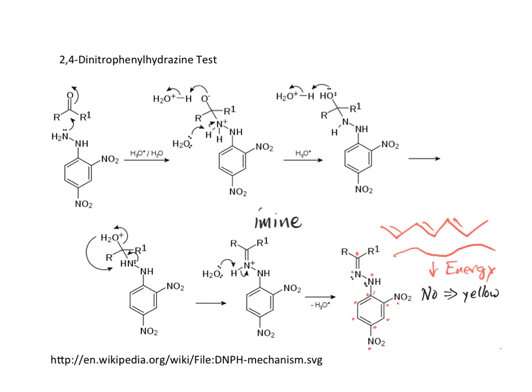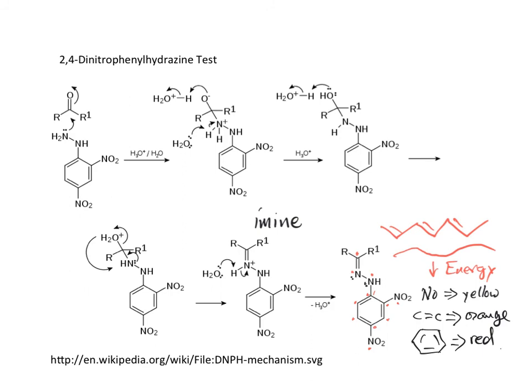If there are a couple of pi bonds in there, in our alkyl groups, these can appear orange. But if we have a long conjugated system, like say an aromatic system, that lowers the energy of absorbance even more, and these turn red.